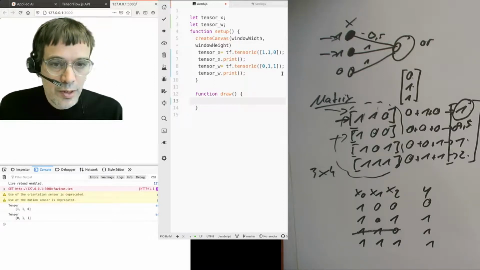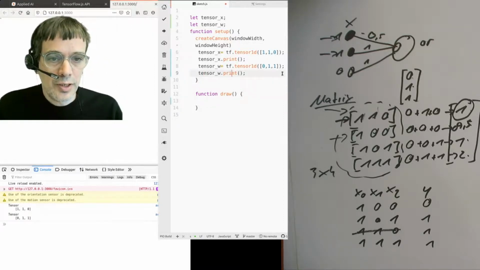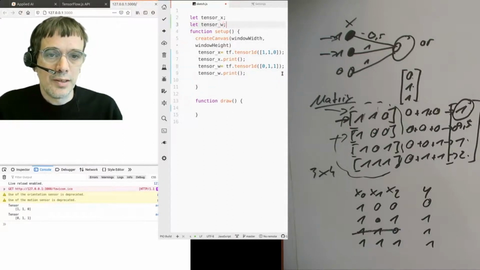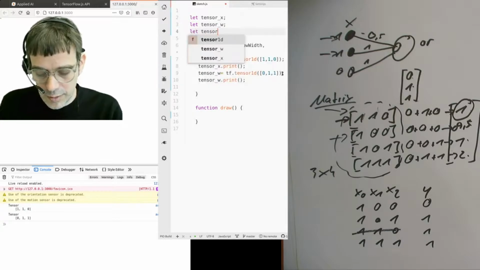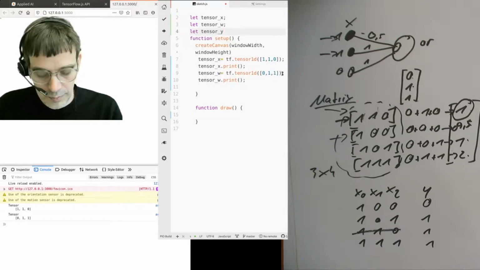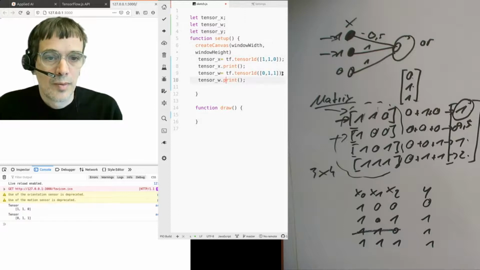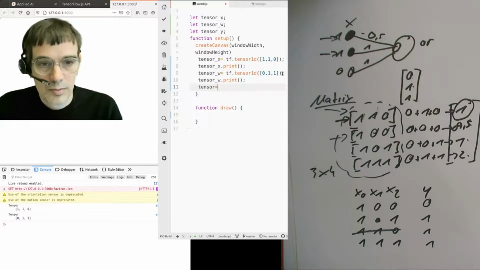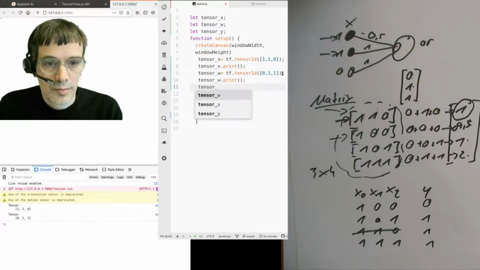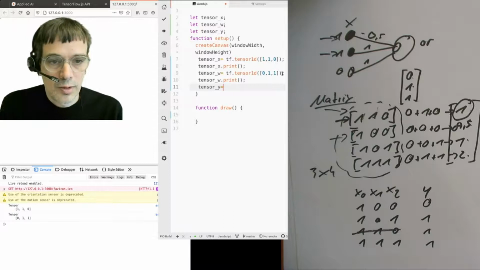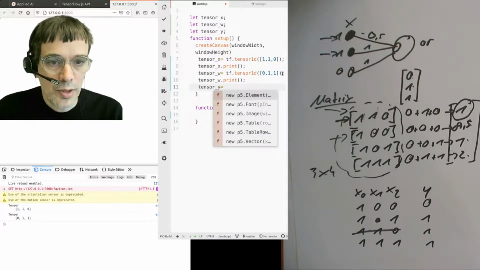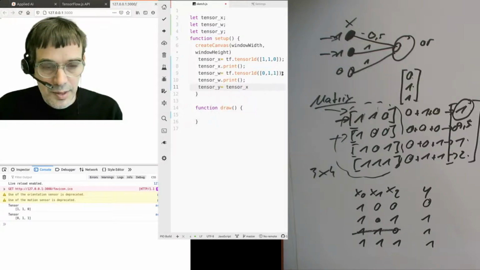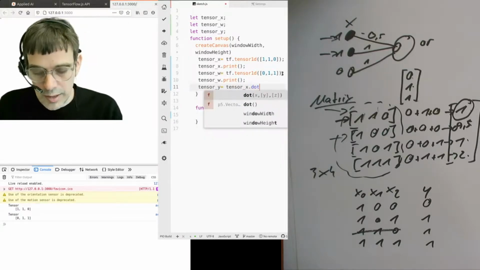For now, we can try out the computation, and we define a resultant tensor. Let tensor y, and we do it directly by assigning a computation, which would be tensor x, and now I think it's a dot.